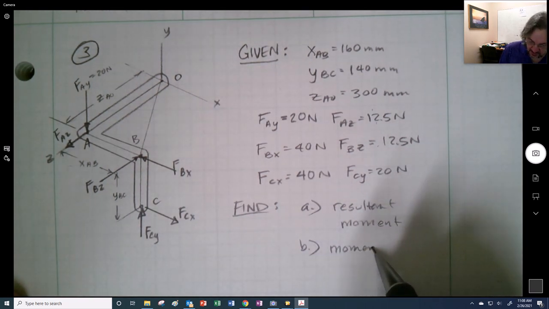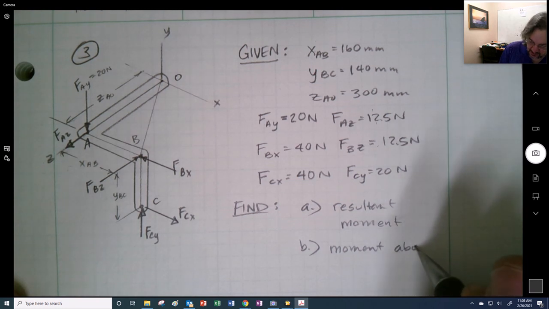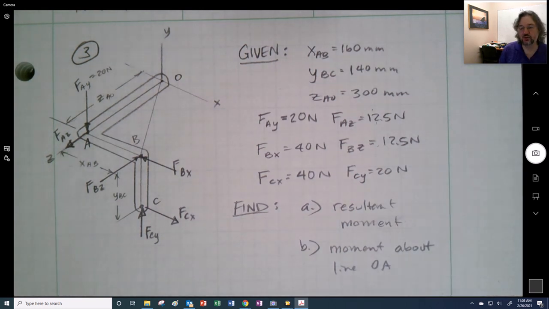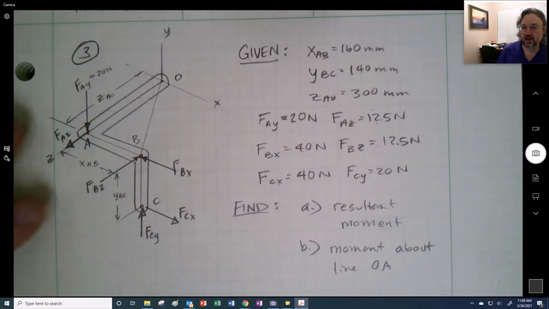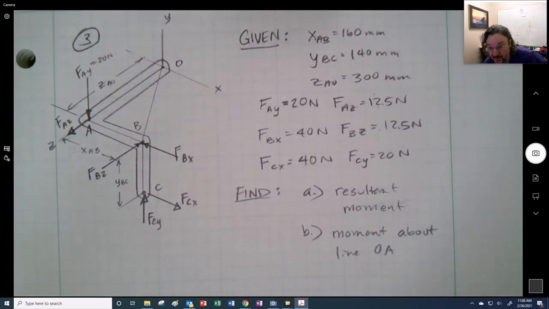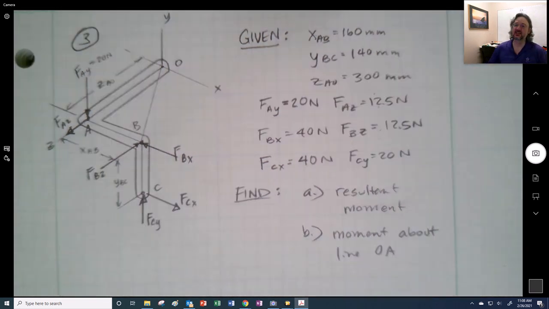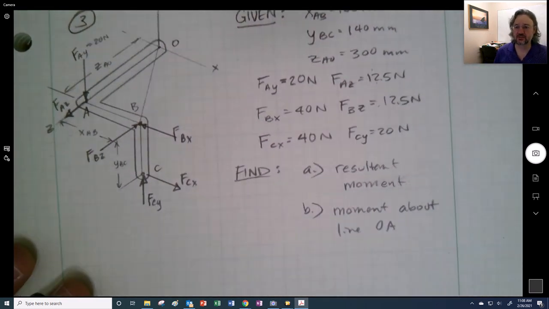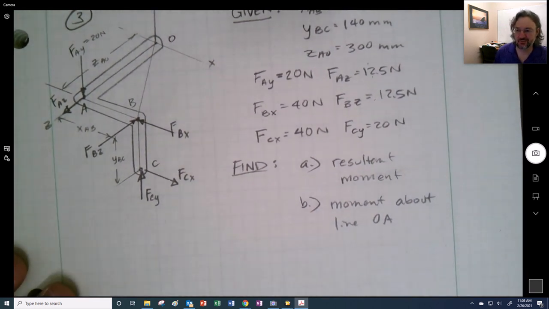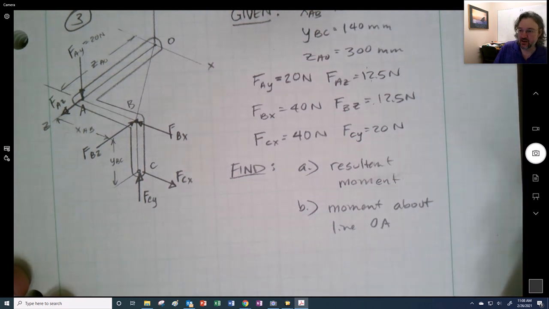So the moment about line OA. I got the figure from a book and was inspired by it, but I don't have the solution manual for it. I could look it up in Chegg, but that's usually just some grad student trying to make some money by answering the questions, and they don't know what the author's intent was.